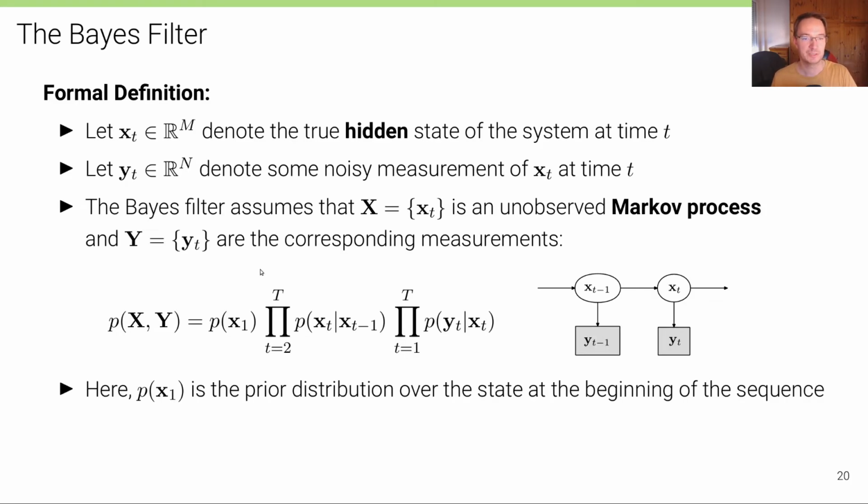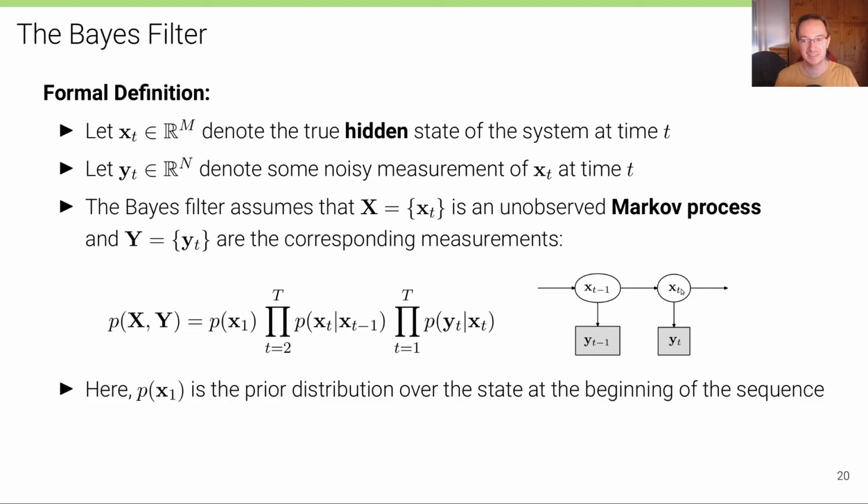The Bayes filter assumes that the state sequence is an unobserved Markov process and that the observations are the corresponding measurements. Here you can see the so-called graphical model again from the previous slides, where the state depends on the previous state, the state at the previous time, and the observations depend on the state at the corresponding time.